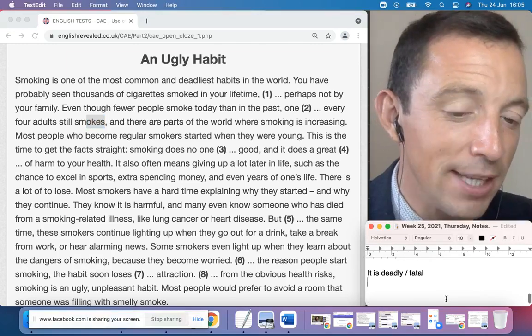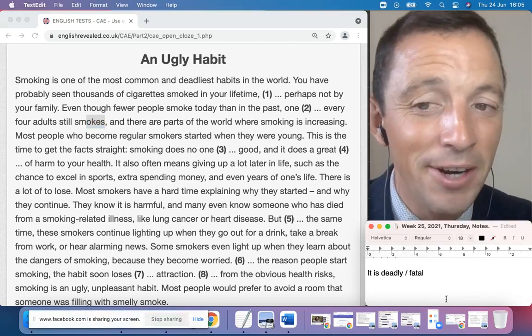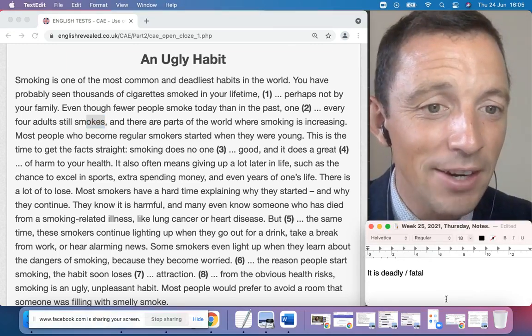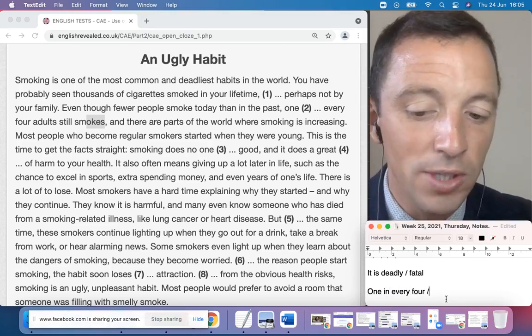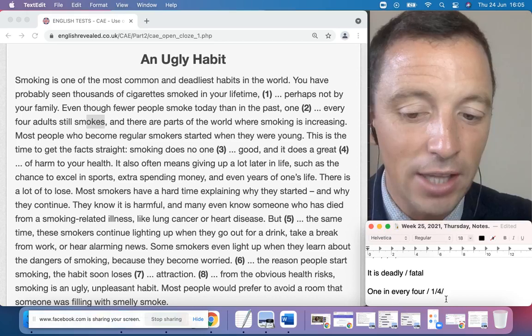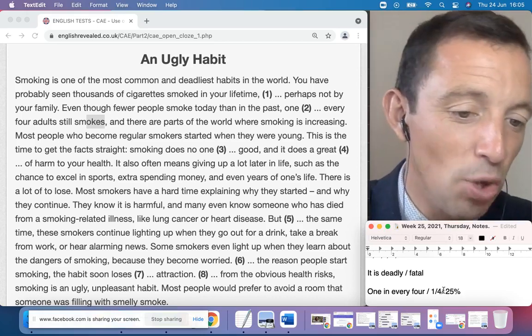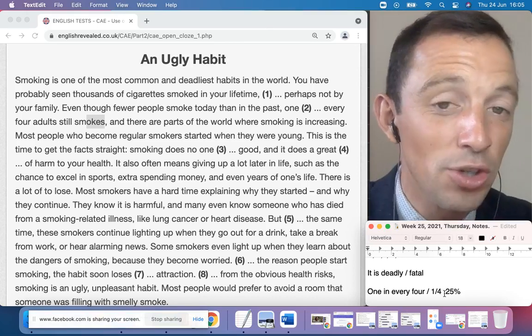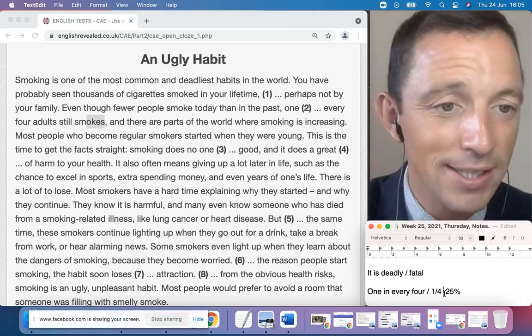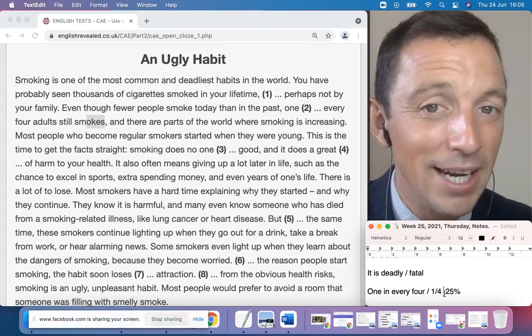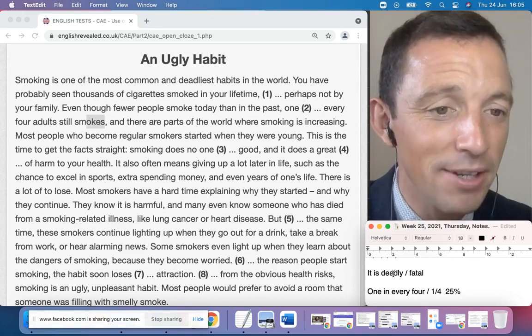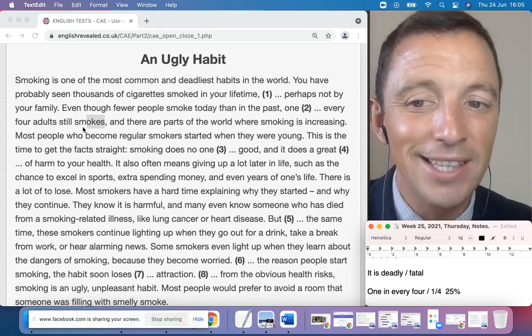I hope you have an idea, but we have a very obvious answer here. We say 1 in every 4. So it's like 1/4, it's like 25%. So 1 in every 4 is a very good structure, very, very interesting structure and very important. And it's the only possibility here. It's the best option, definitely. Okay, 1 in every 4 adults still smokes.